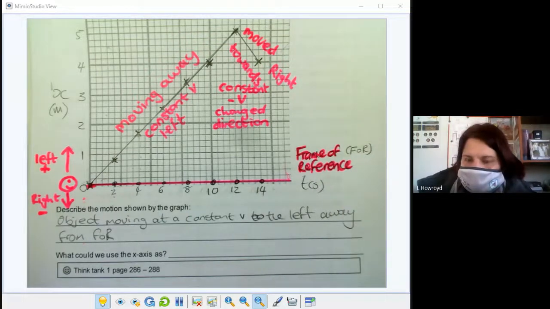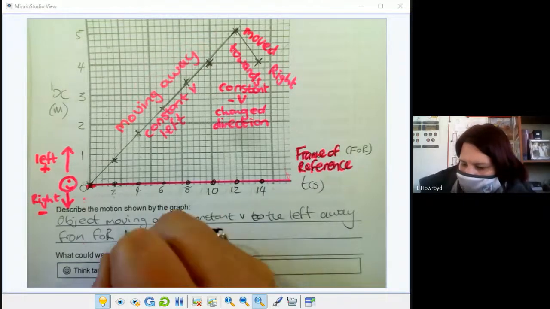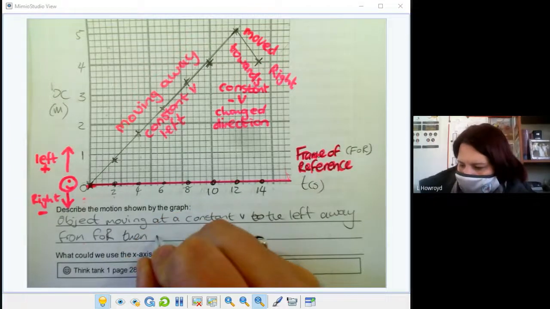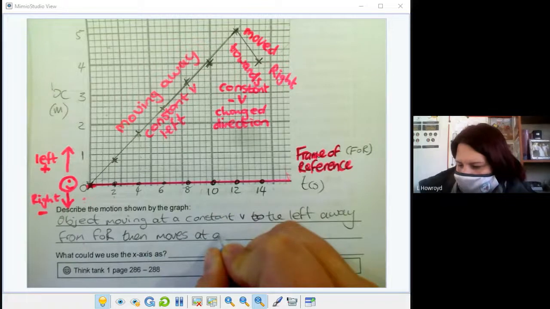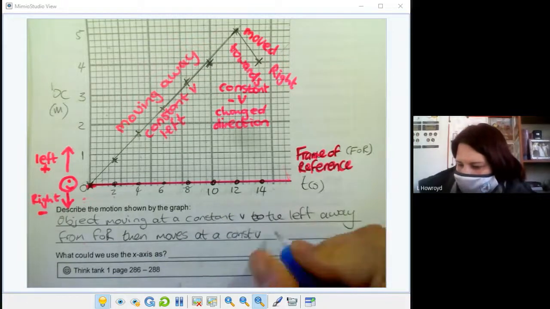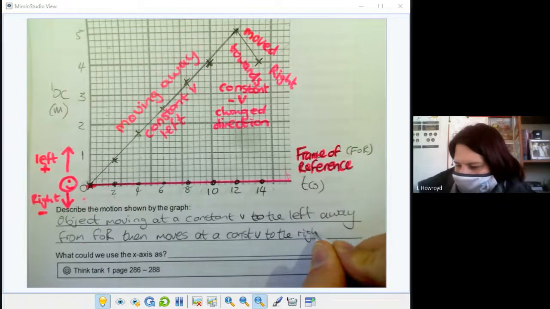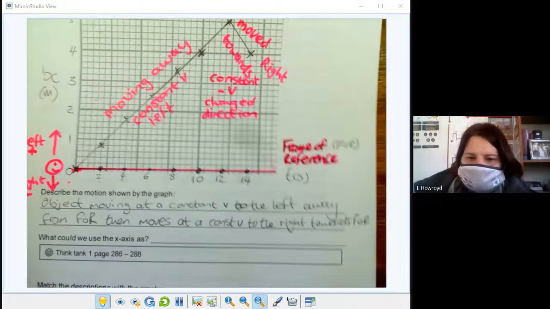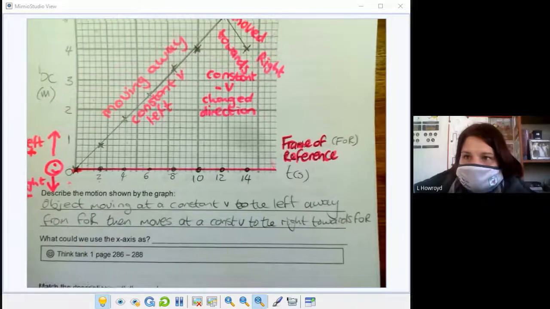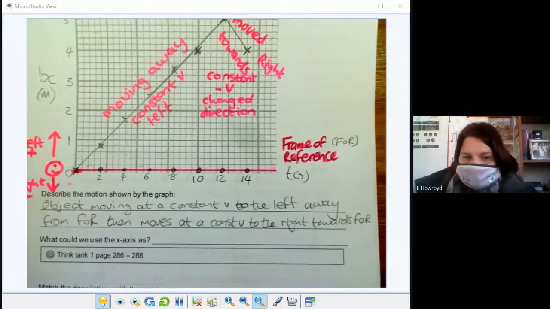Okay, just so that you know the key. From the frame of reference, it then moves at a constant velocity to the right, towards the frame of reference. Make sense? Okay.